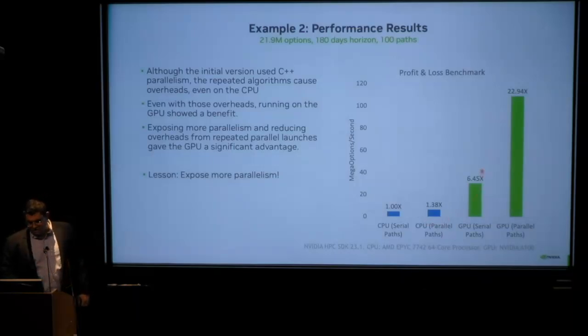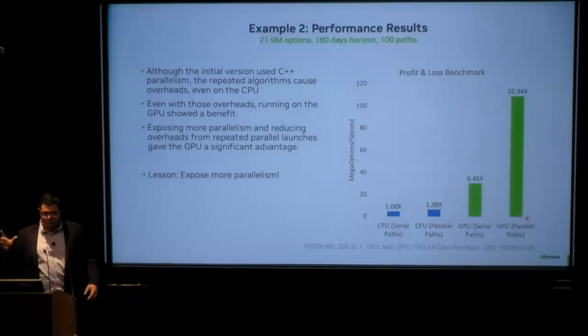And then on GPU, that same equivalent serial paths was faster than the 64-core processor. If you implemented this parallel paths version, the one with the atomic reference, you see an even greater speedup.